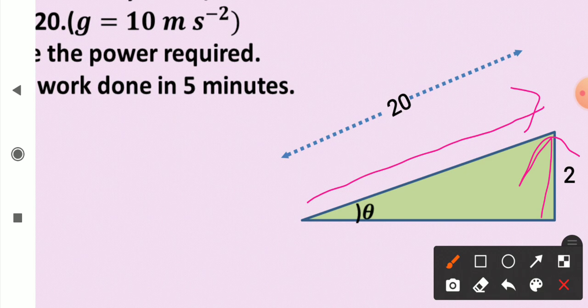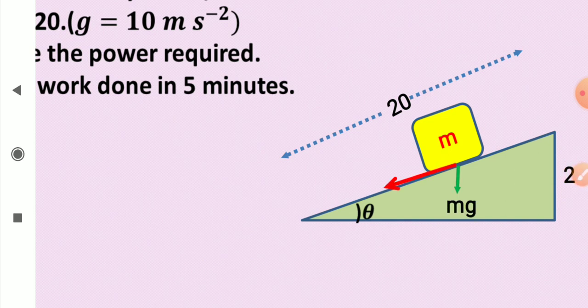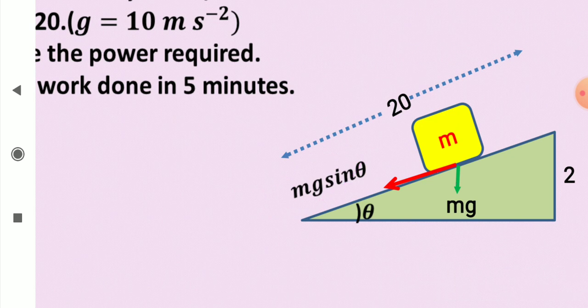So from here, if we have this mass m, then its weight will act vertically downwards, and its component down the inclined plane is mg sine theta. See, if this angle is theta, then this will be 90 minus theta, and the component down the inclined plane will be mg sine theta, and it has to move upwards.